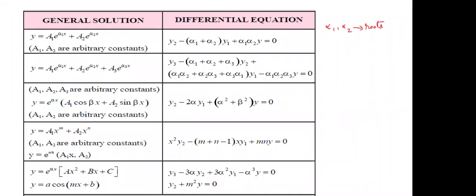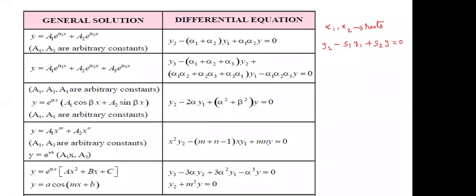How to form the polynomial equation? You know very well. Here y2 minus S1 into y1 plus S2 into y is equal to 0, where S1 means sum of the roots and S2 means product of the roots. You can remember like this.